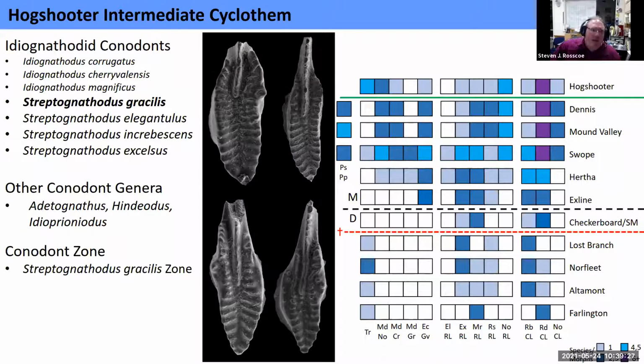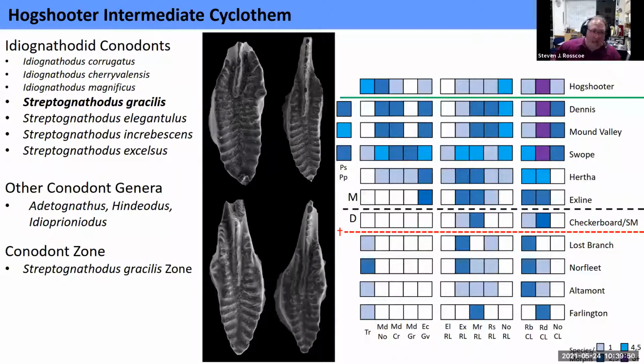Regardless, importantly here, you'll notice all of those unique forms for the Swope through the Dennis, the parapeted forms, they're gone. We're losing all of those things that tried to be like Neognathodus. They had parapets. They were trying to kind of mimic that Neognathodus form, but they're gone now.